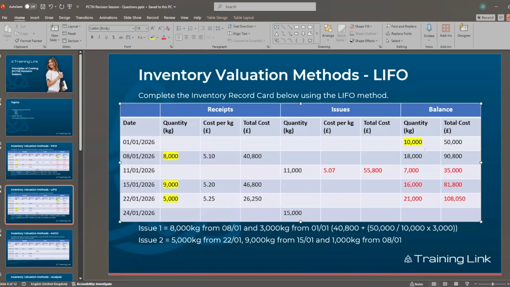And then 1,000 at £5 is going to be 5,000, which should give us a cost of issue of 78,050. Change that to the 1st of the 1st because I mistyped that there. So yeah, from the 1st of the 1st there.